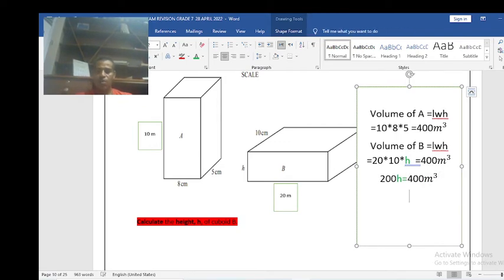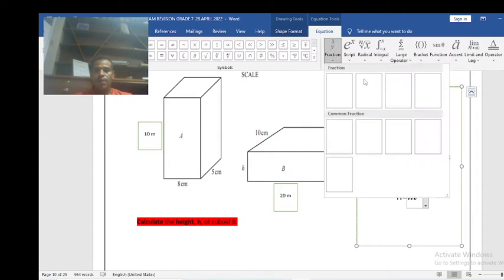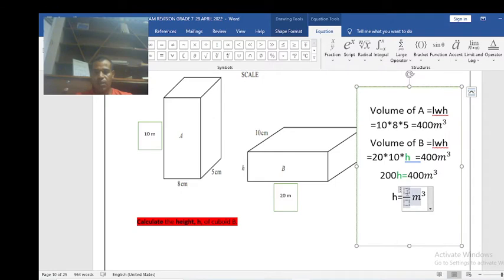So H should be equal to 400 divided by 200, which is equal to 2.